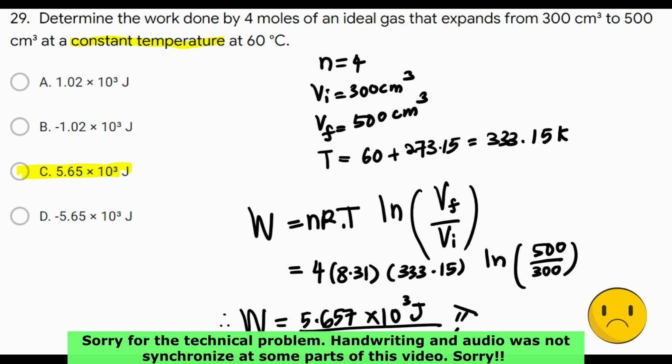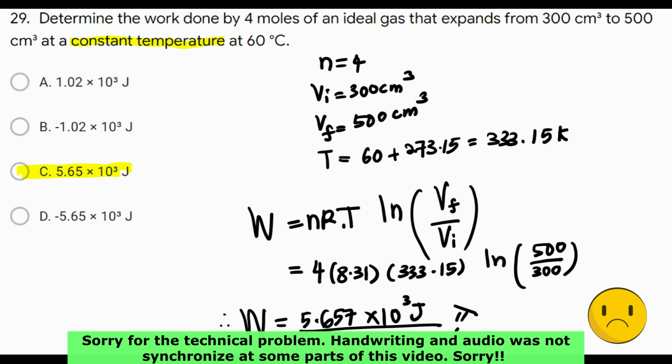Constant temperature means an isothermal process, where T is equal to 60 degrees Celsius plus 273.15. So you will get 333.15 Kelvin.